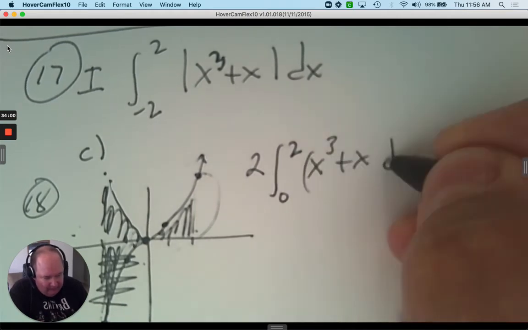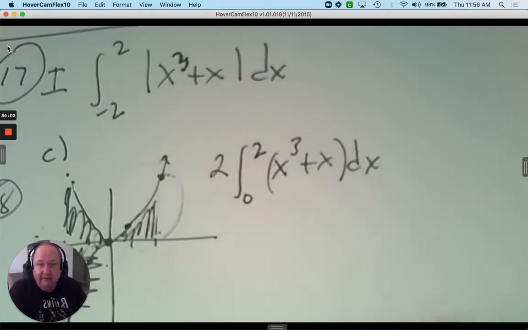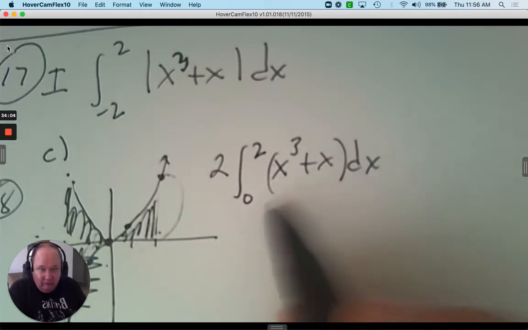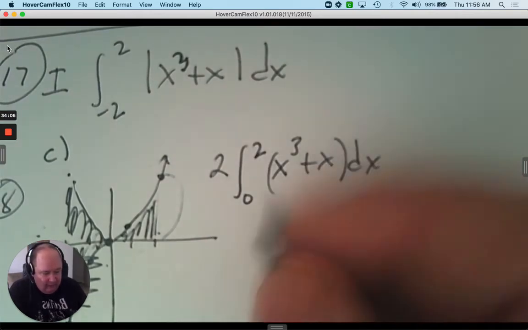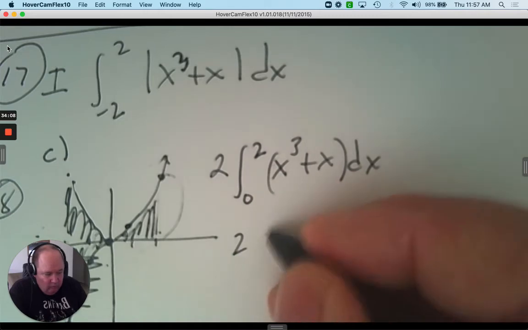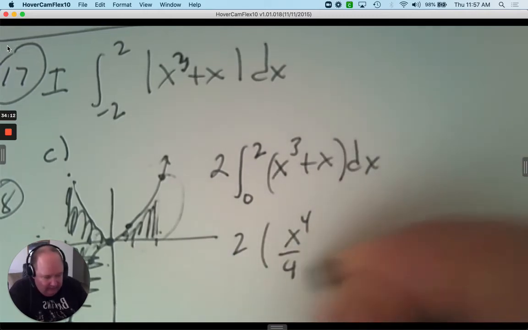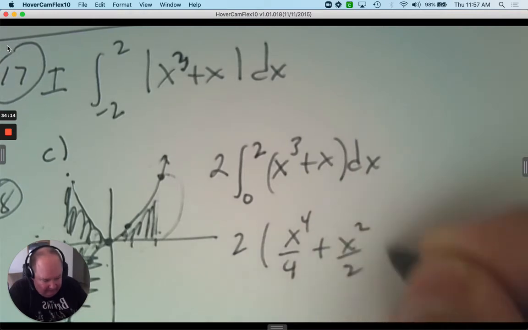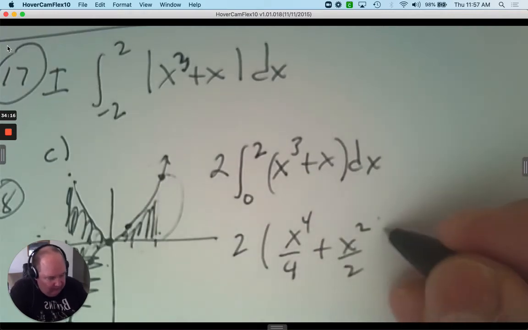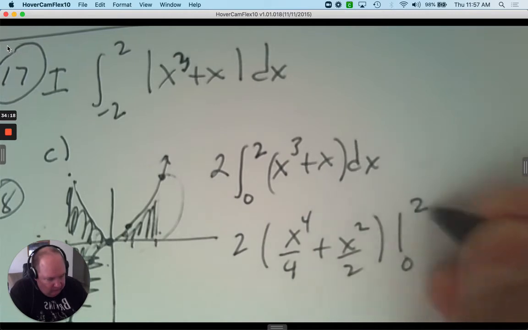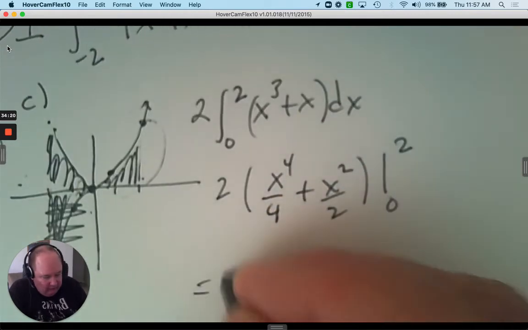So absolute value bars require graphing, but if I can remove the bars this way, then I can just use integration techniques. So the antiderivative of this, you're going to add 1 and divide. And we're integrating from 0 to 2. So whatever my answer is, I'm going to double it at the end.